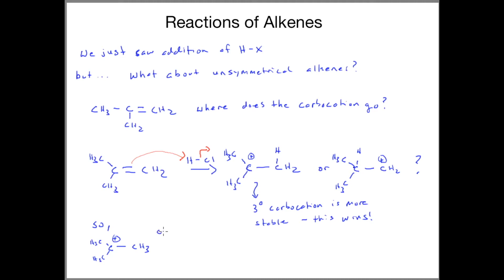And then of course now we have Cl- that could come back in, and the Cl- then very quickly attacks our carbocation to give us our final product. That looks like so.